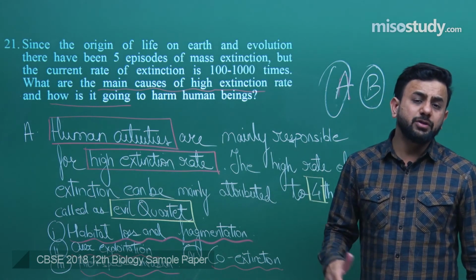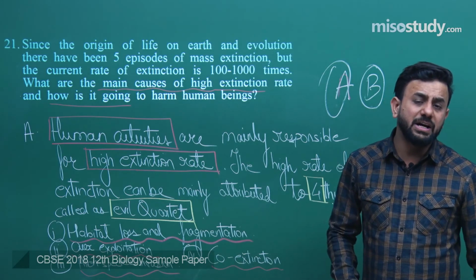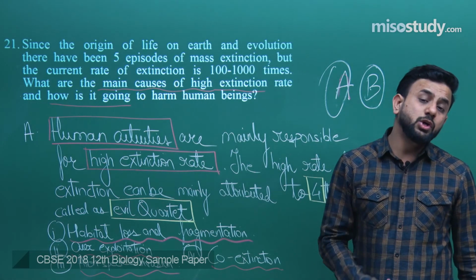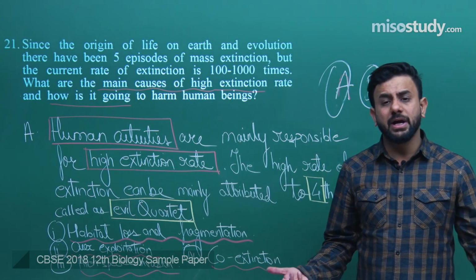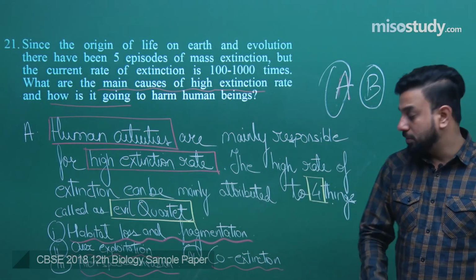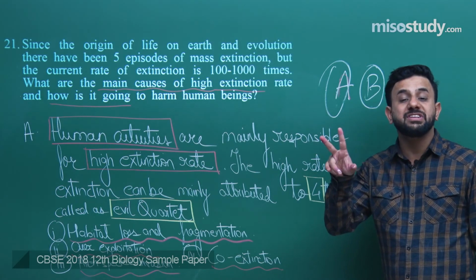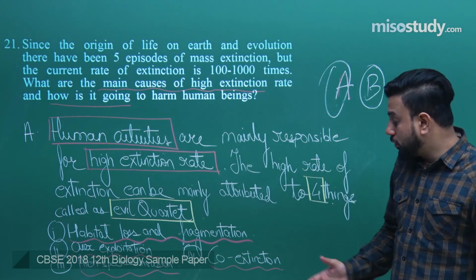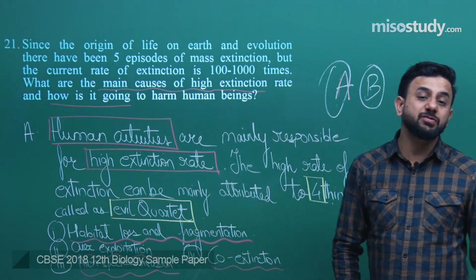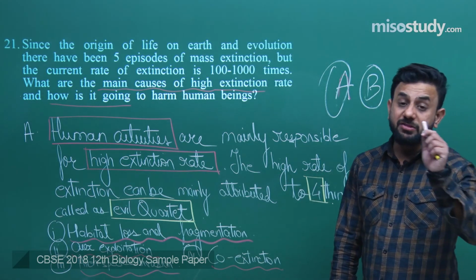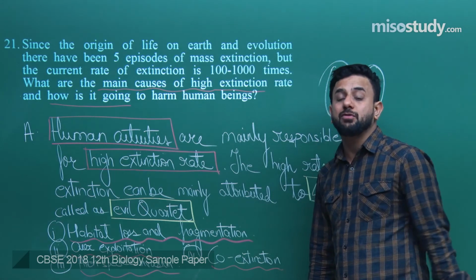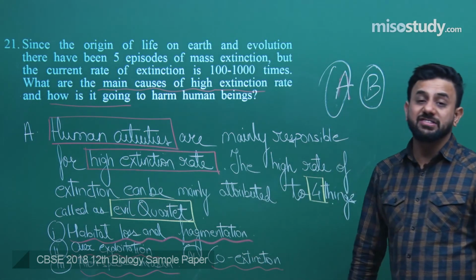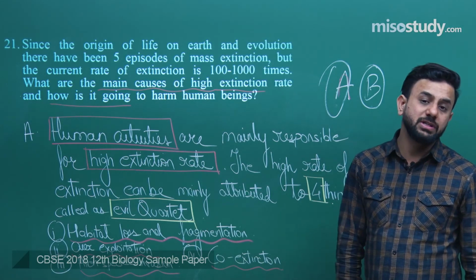If the person dies, that organism which was within the intestine taking nutrition from that host will also die. So co-extinction means extinction of both the species which are dependent on each other. If one species gets extinct, the species which was dependent on it for nutrition, for living, will also get extinct, and hence co-extinction will take place.